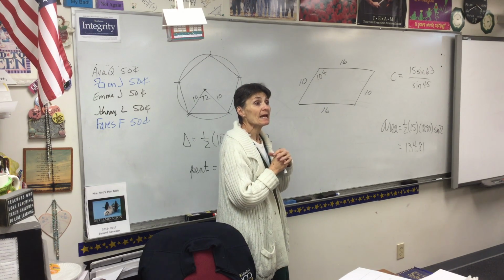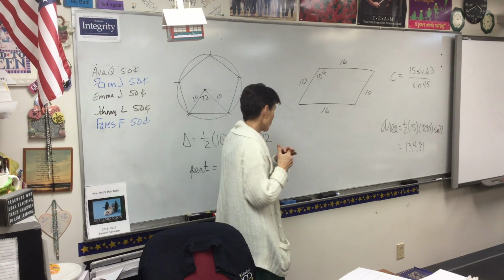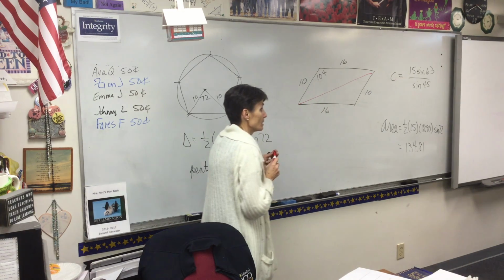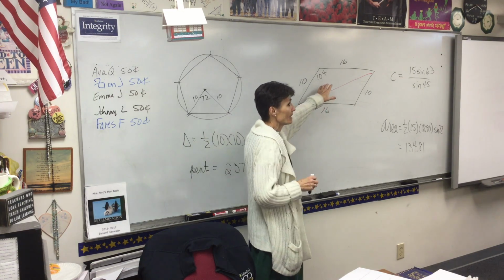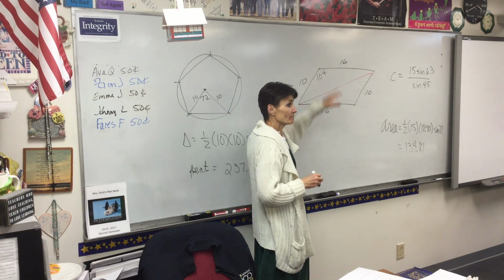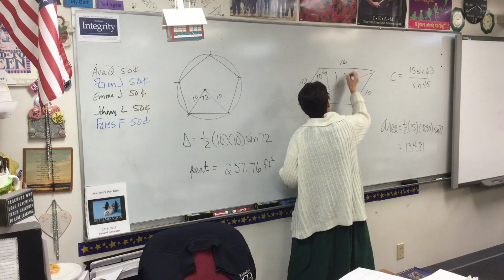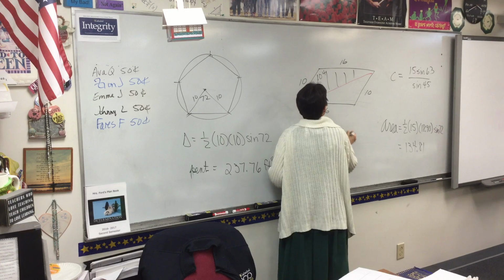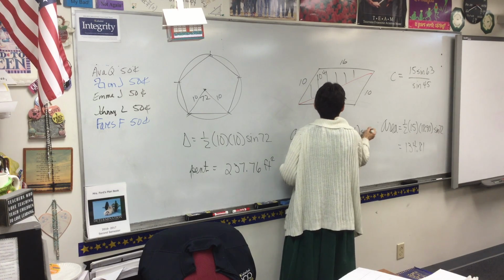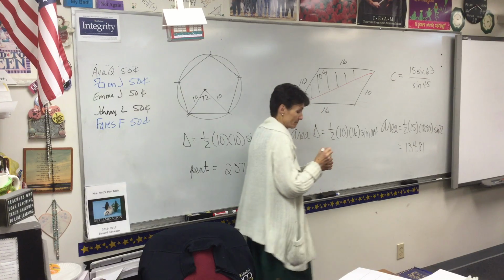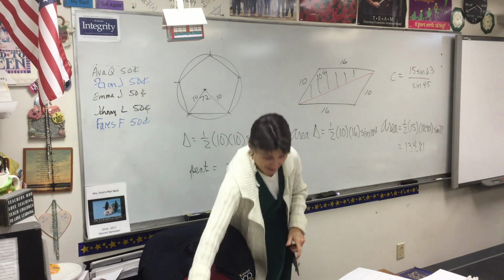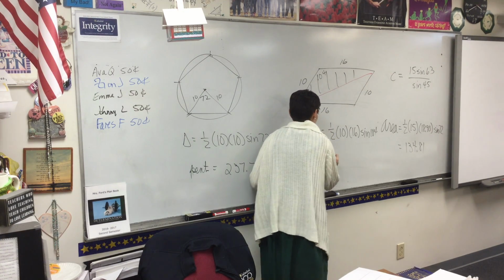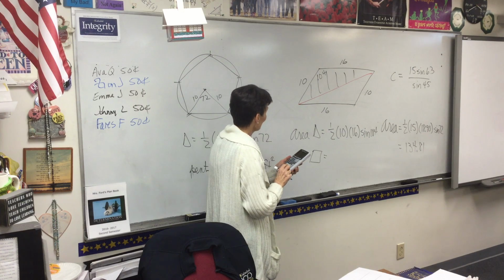Now, I'm finding area. So would it help me to split it into 2? Yeah, because then I've got a triangle. And how can I find the area of that triangle? 1/2 times 10 times 16 times sine 104. Yep. And after we get it, we'll have to multiply it by 2.